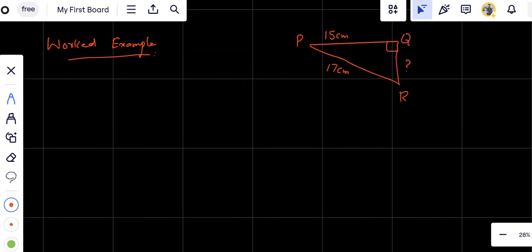So it is difficult to decide whether PQ is adjacent or opposite. When you are finding side QR, it doesn't matter by the way, but you can use the angle at R as our reference angle. So now, according to this angle, is PQ opposite or adjacent?